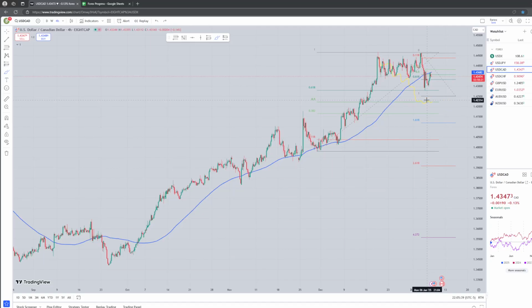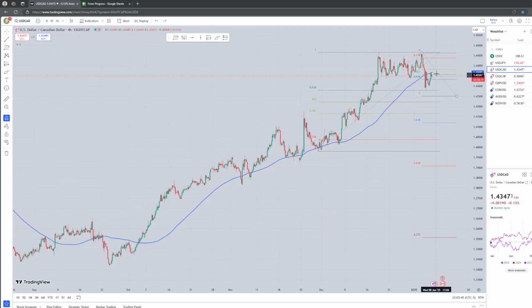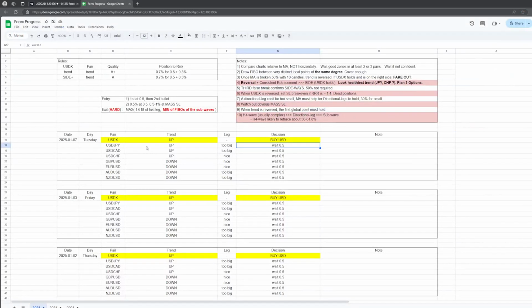I would wait, or I would trade another trade that demonstrates better opportunities. So let's write it down. USD Canada dollar, trend is up, leg size is too big. Our technical decision is to wait 50% retracement.